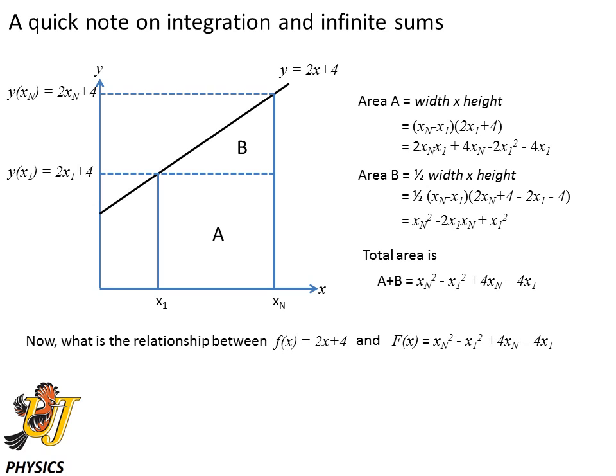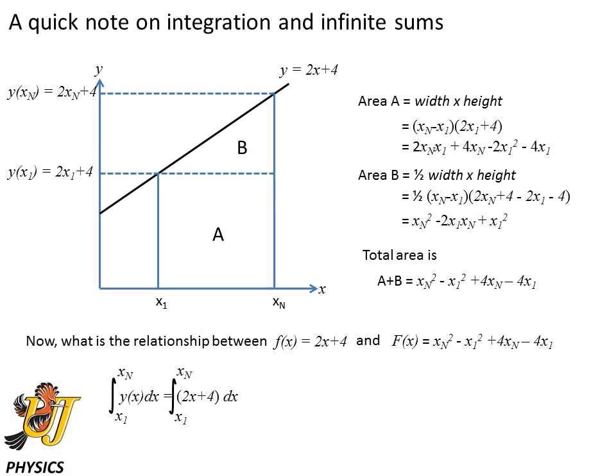Now, there exists a simple relationship between the straight line equation and the area underneath it, bounded by the values x1 and xn. And this expression is just the definite integral of the straight line equation.